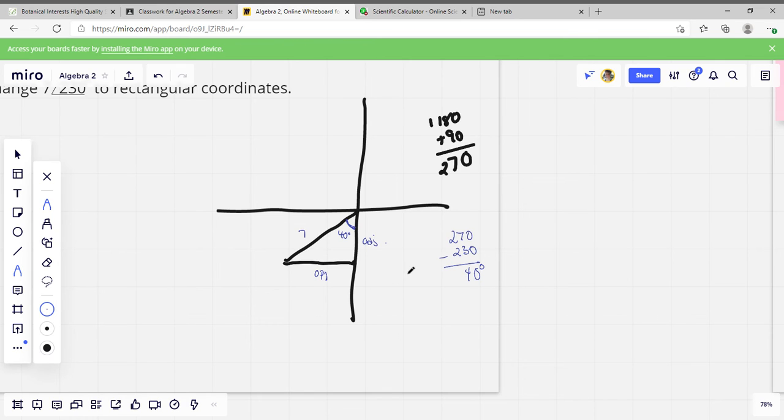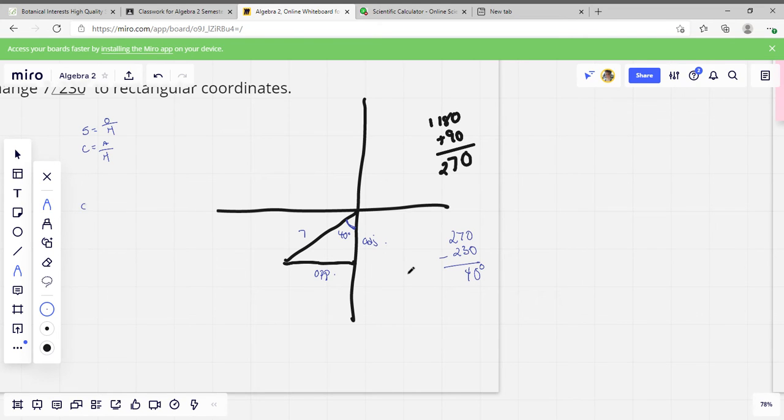Okay, and we're always going to use sine and cosine. Sine equals opposite over hypotenuse because we always know the hypotenuse. Okay, the hypotenuse is the one that we know. And then cosine equals adjacent over hypotenuse. All right, so let's do the adjacent first so we can see our up and down value.